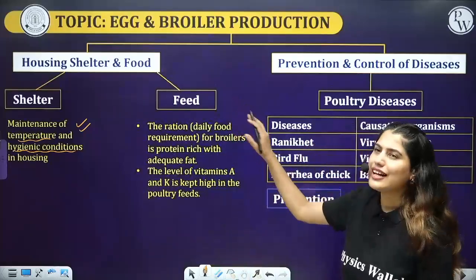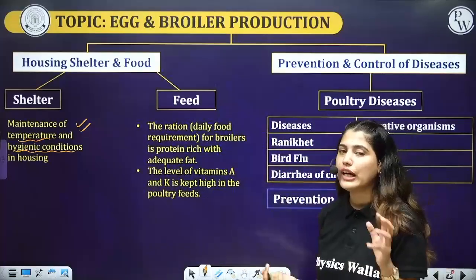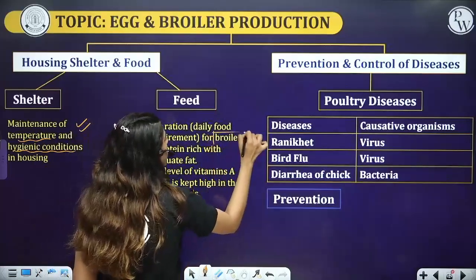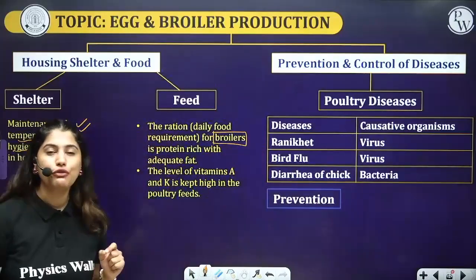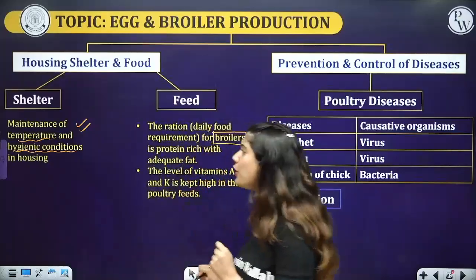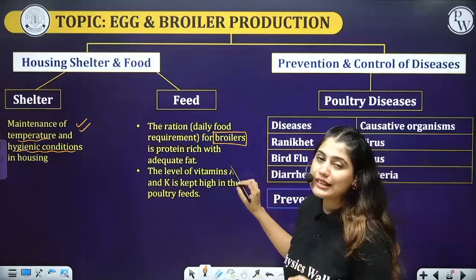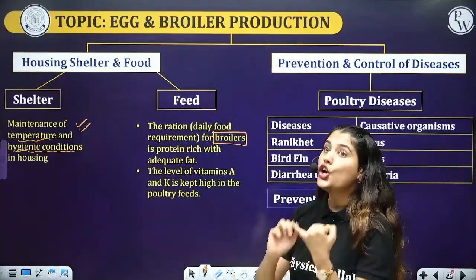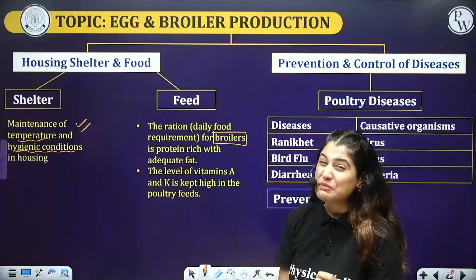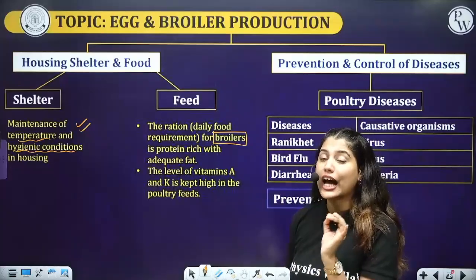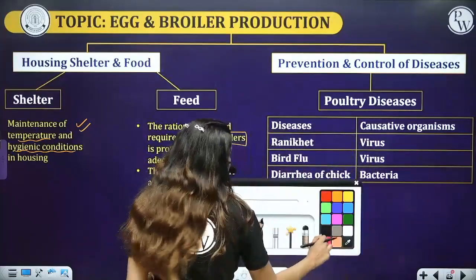Next is feed. Again, they require different sorts of feed. If we talk about the broiler, why are we growing them? For obtaining meat from them. So basically, we want the diet of the broiler to be rich in protein, rich in fat, and also have vitamins A and K in it.